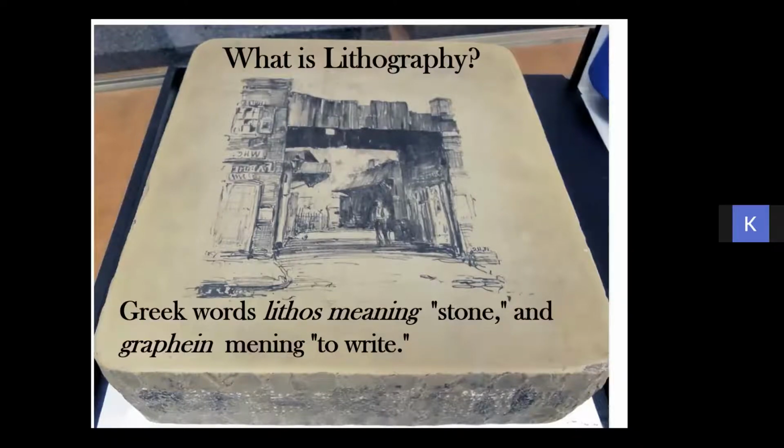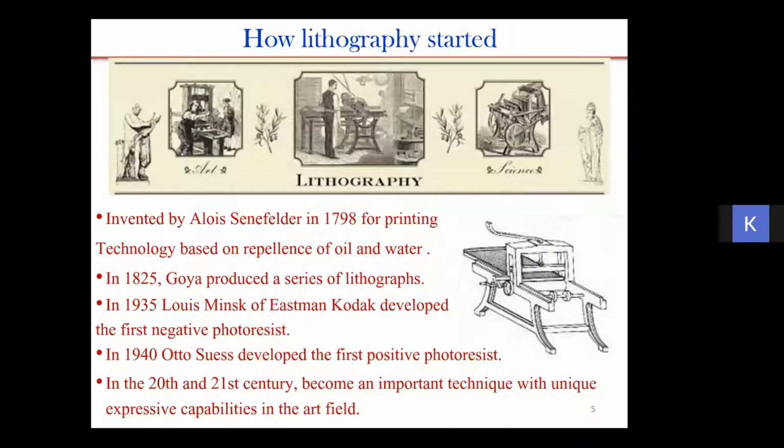If we go to the historical part, this was invented back in 1798 by Senefelder. That technology used the repellent nature of oil and water to transfer the design from one medium onto a flat surface.